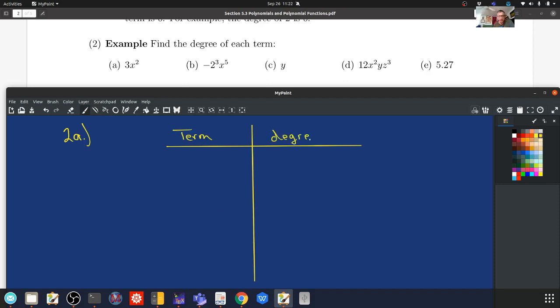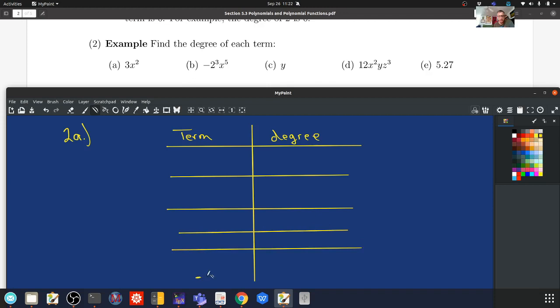That might help. And we have 1, 2, 3, 4, 5 terms. Good enough. So our first term is 3x squared.